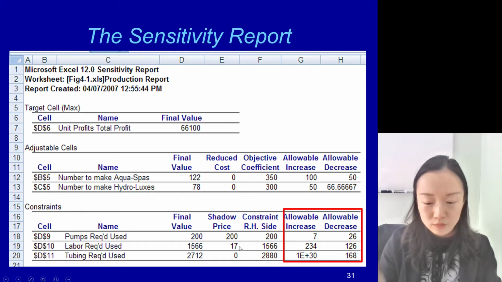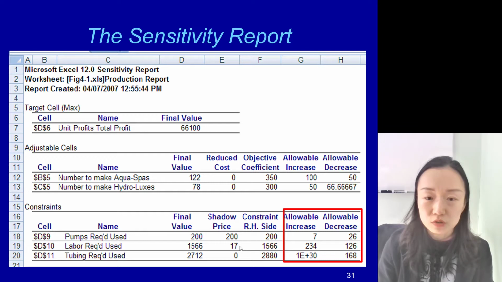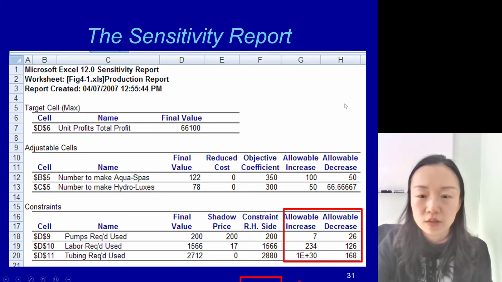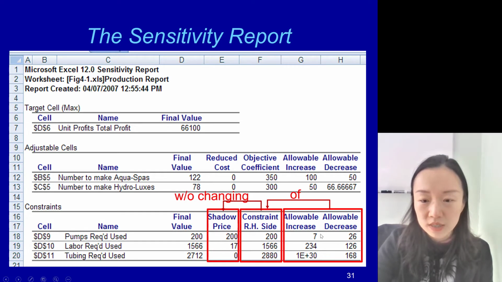So that will be the range of my new total profits in the optimal solution when you give me more or take away labor. So that's the allowable increase and allowable decrease of the right-hand side to make sure that the shadow price will not change.